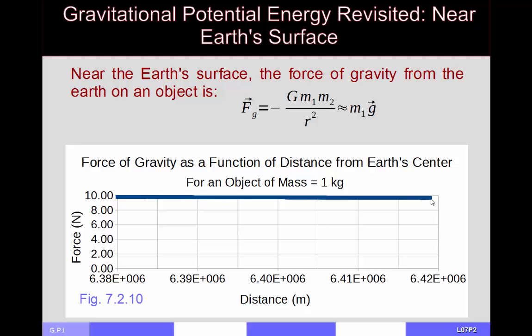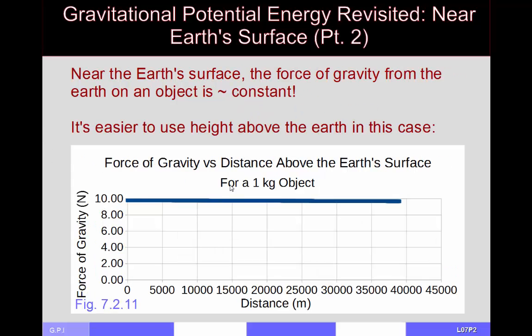By the time we get out here to 40,000 meters above the surface of the Earth, we're still pretty close to 10 newtons. Okay, so in this range, the work done by gravity is just linear with this distance. And that's why it is easier, in this case, to use just the height above the Earth.